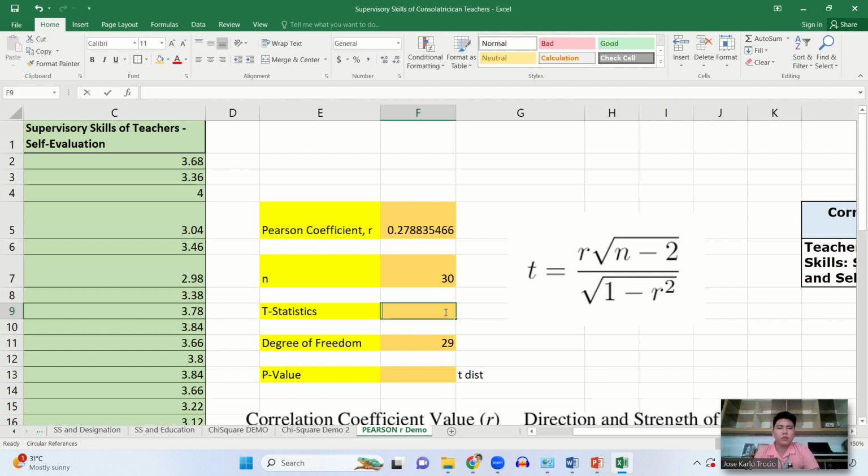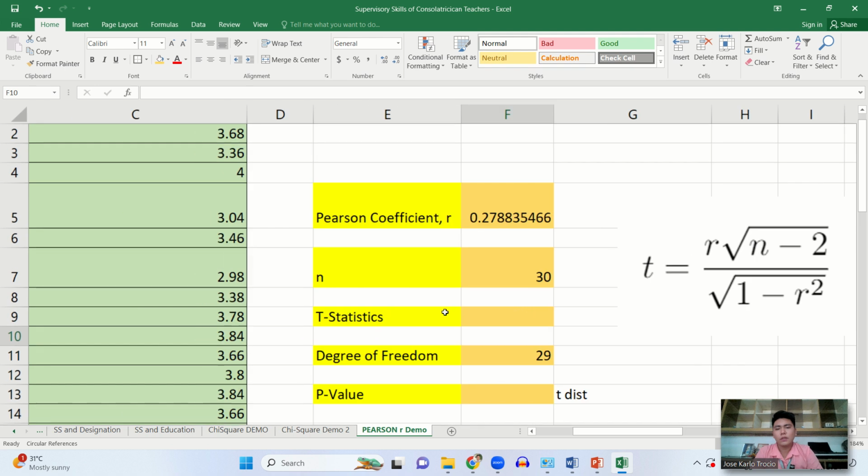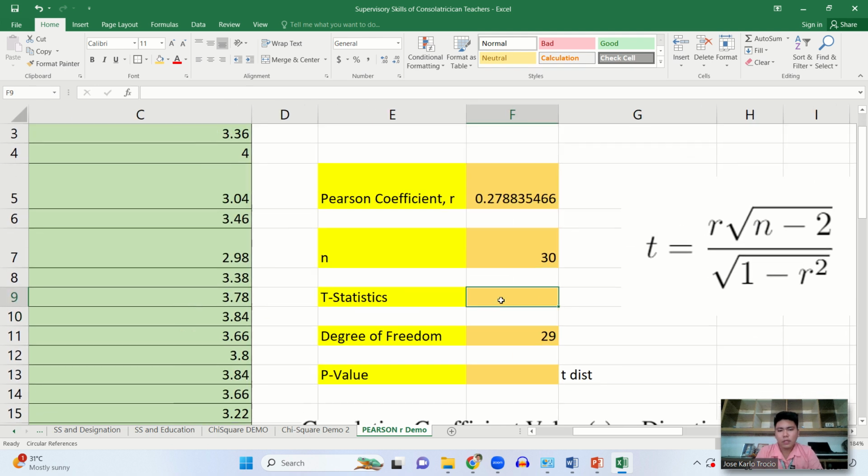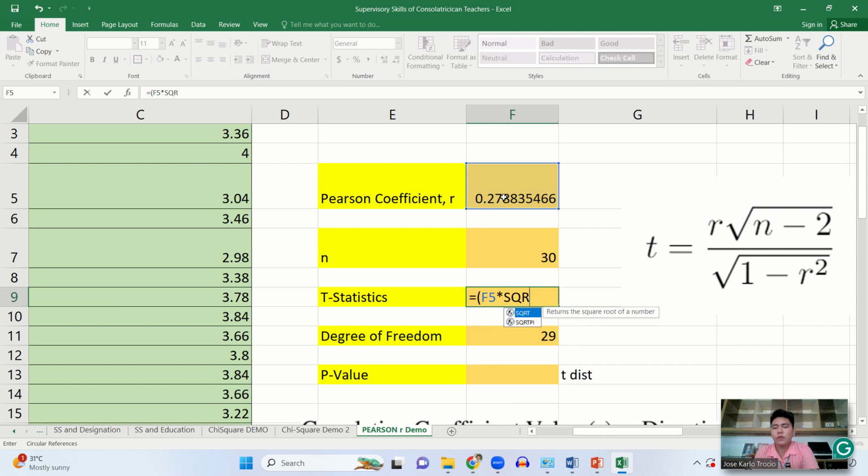Now, how to type it in Microsoft Excel? Let me zoom in a little bit. Just click equals, open parentheses, click R. What's R? This one is our Pearson R value. Times square root, SQRT, that is the square root function.